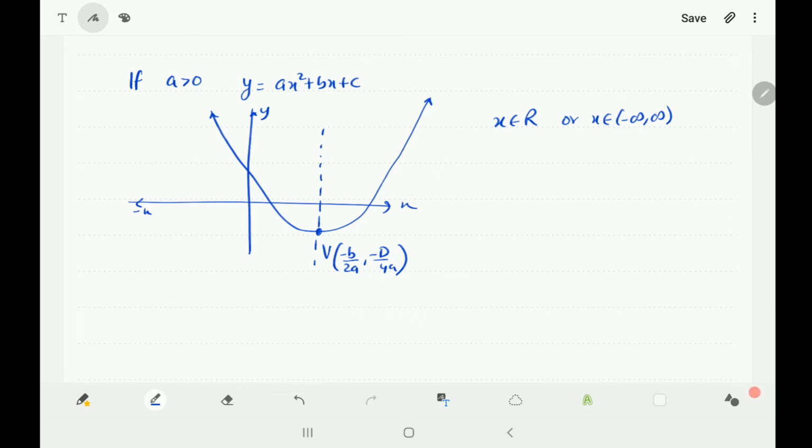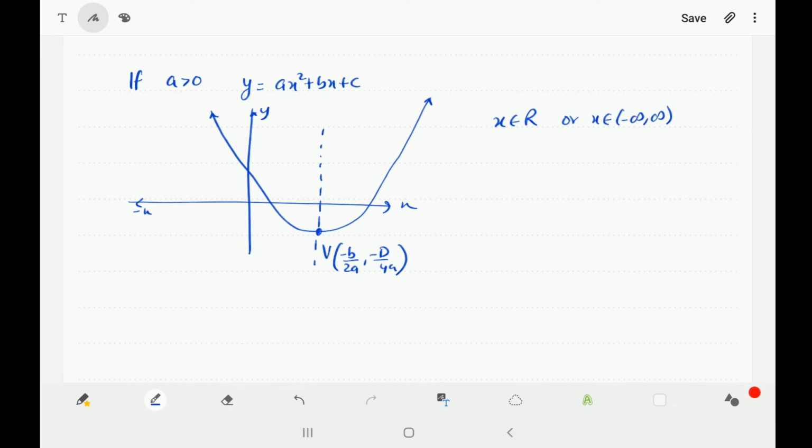This arrow shows that this graph is going to infinity as x tends to minus infinity. Similarly, on this side, when x tends to infinity, this graph will go to infinity. So definitely the domain of the graph will be x belongs to R. This is an important point to note down, that for all polynomial functions, the domain is x belongs to R.